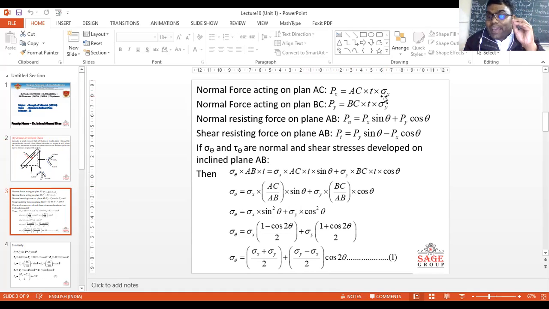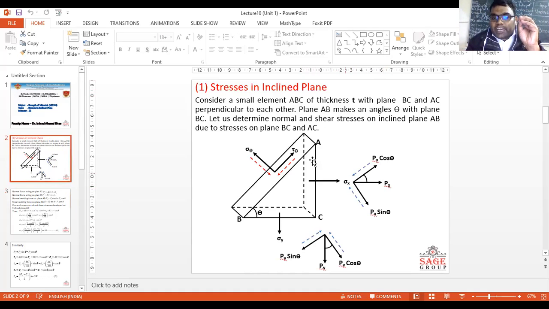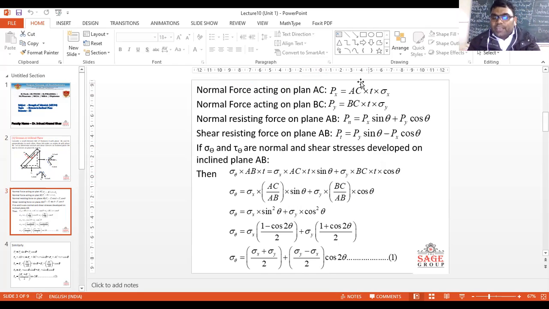The force is acting on this plane, so we need to calculate the area of this plane, which is simply this length AC and this thickness. You will get the area of that plane and the stress it produces, and you can find the value of the load or force.